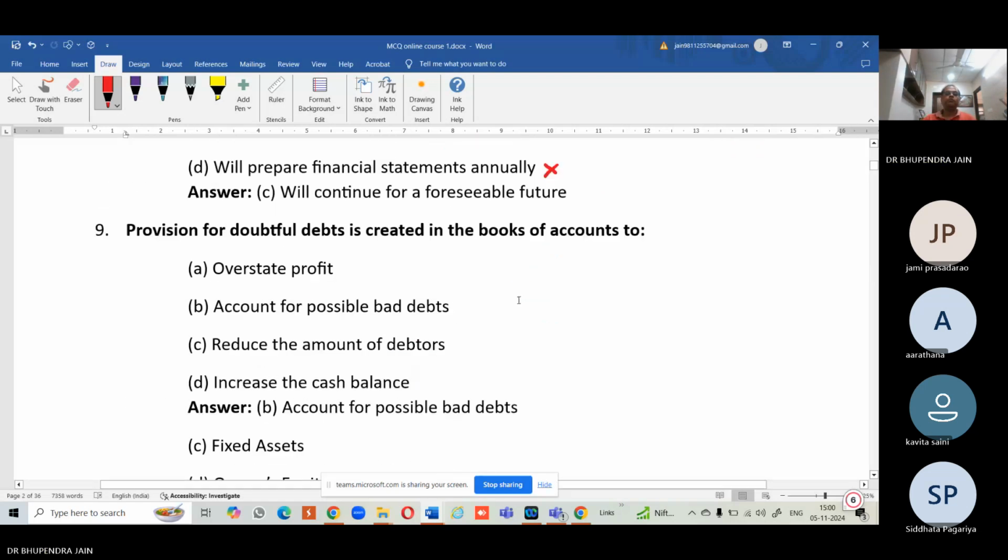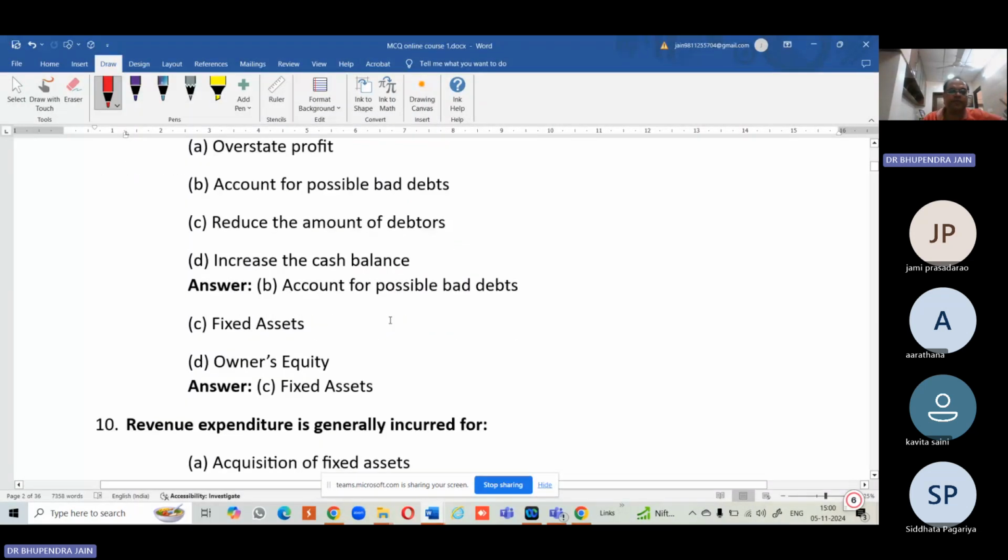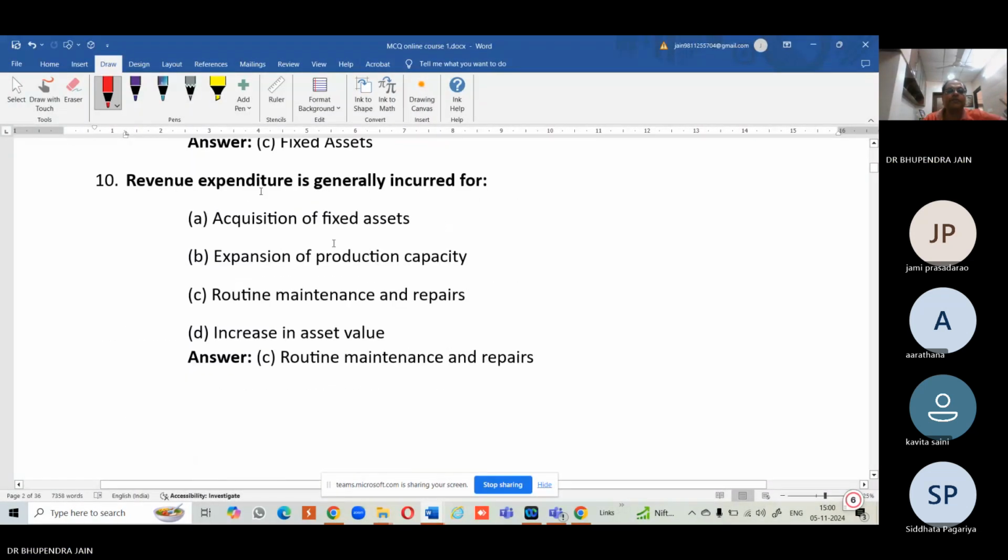Now, the provision for doubtful debt created in the books of account. Just leave it for this question. We will discuss it further. Revenue expenditure is generally incurred. We have discussed 3 types of expenditure. Number first, revenue. Number second, capital.